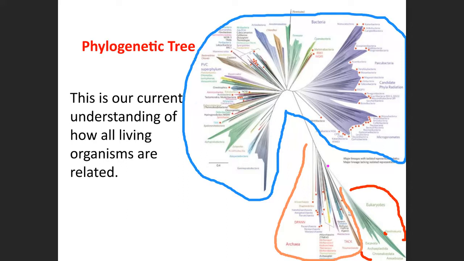Even things that are not living can be traced phylogenetically. So name something that is non-living, because this is a phylogenetic tree of things that are alive. Name something that is non-living. Rocks. Okay. But they have to be organic, right?